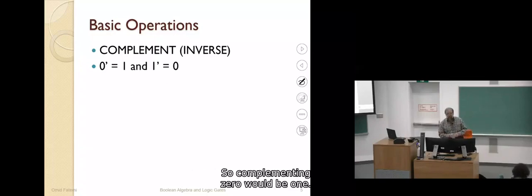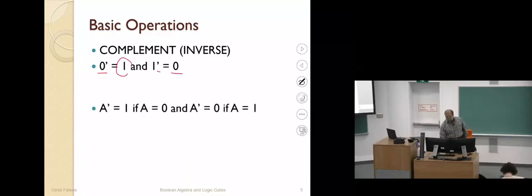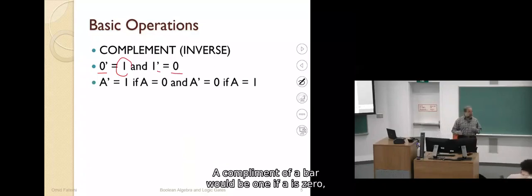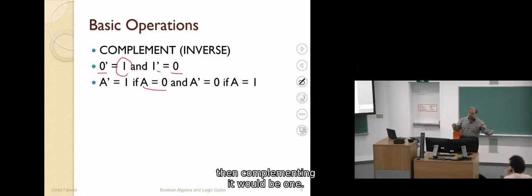So complementing 0 would be 1. Complementing 1 would be 0. A complement, A bar, would be 1 if and only if A is 0. I mean, if A is 0, then complementing it would be 1.